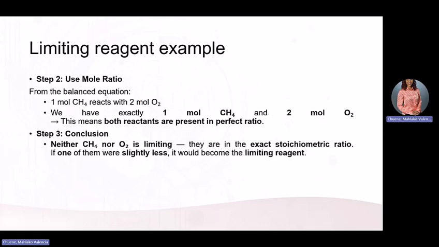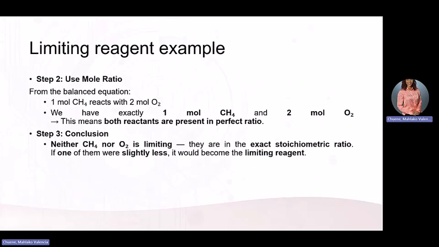All right. So this means that both of these reactants are present in perfect ratio. All right. So I know some of you might be wondering, oh no, so what does this mean? This means that neither of the two, neither methane or the oxygen, is a limiting reagent because they're in the exact stoichiometric ratio which is needed for a full chemical reaction.